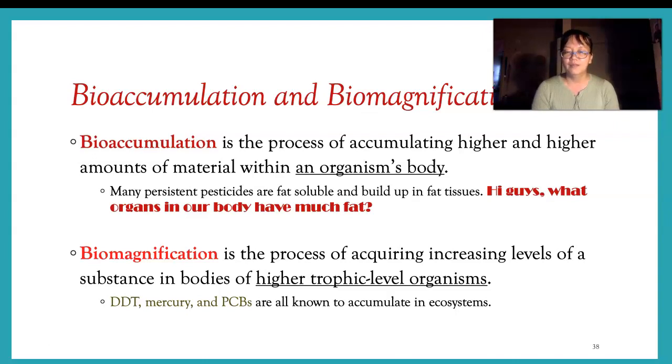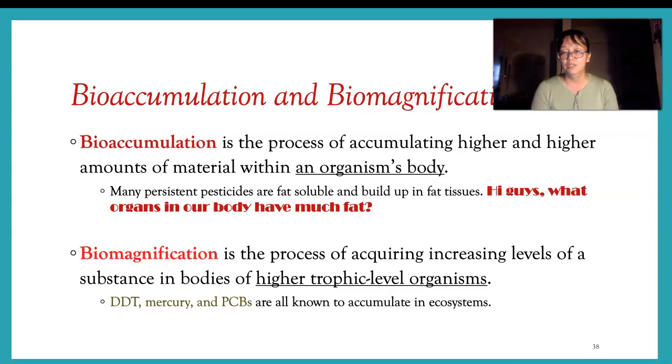When you see trophic level, what are you thinking about? Food chain, food webs, right? We're not talking about individuals anymore. We're talking about a group of individuals at different trophic levels. So this is the difference between bioaccumulation and biomagnification. Bioaccumulation means increase of the chemical in one individual's body.